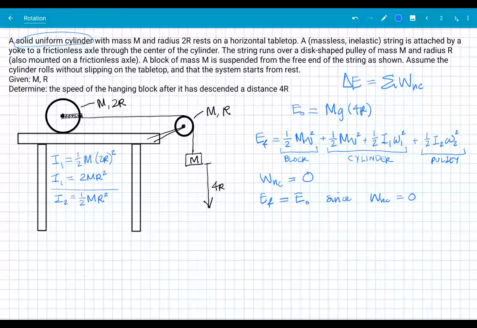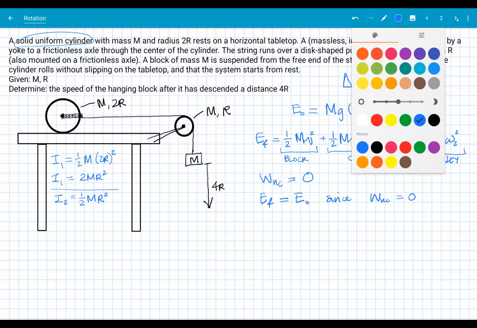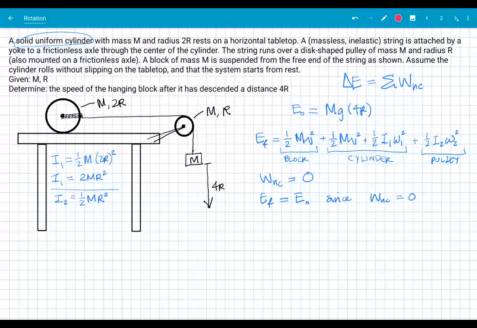A couple other things we should hash out here are the omegas. We've got these two v's in the first two terms, but we have omega 1 and omega 2. So pause and take a moment and figure out your omegas. My omega 1 is for the cylinder, so that's going to be equal to v over 2r, the radius of the cylinder.